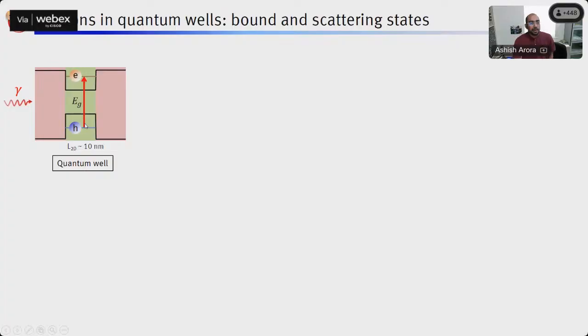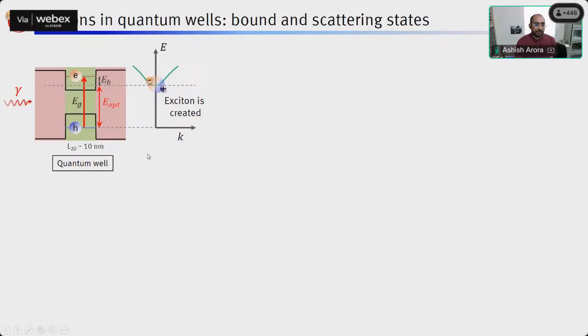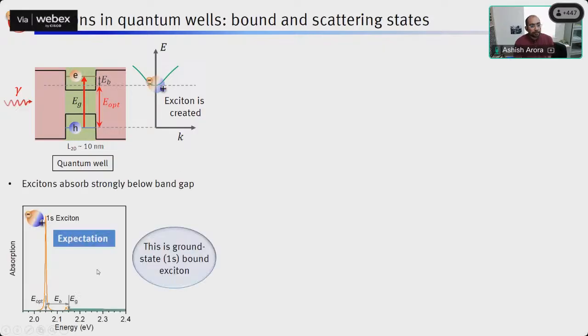Now, of course, I told you that electron and hole pair are bound with each other to create excitons. Therefore, the actual energy at which the transition will start taking place will be slightly low compared to the electronic energy by an amount equal to the binding energy. So this will be the optical band gap. Therefore, in two dimensions also an exciton is created. If I want to predict the spectrum of this exciton, I have to understand that this exciton is actually very similar to that of a hydrogen atom.